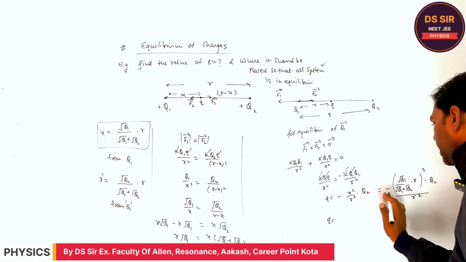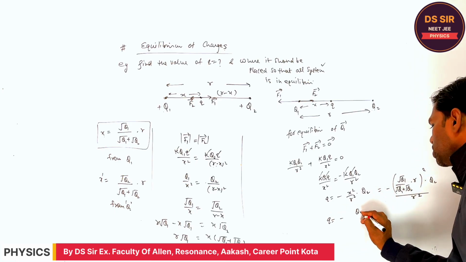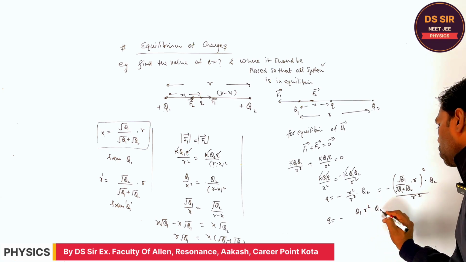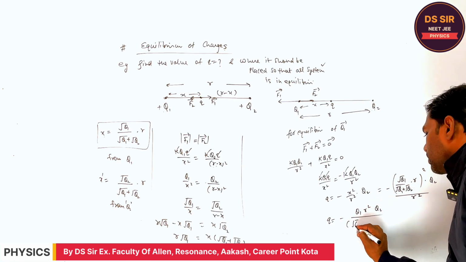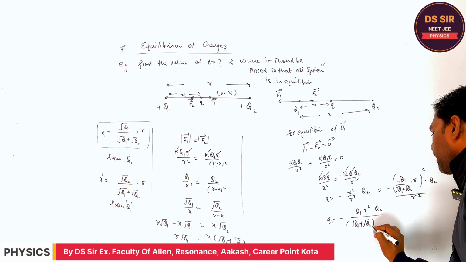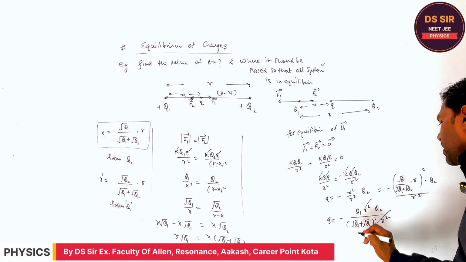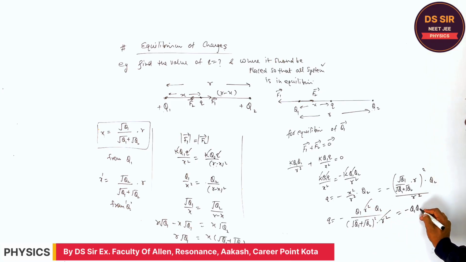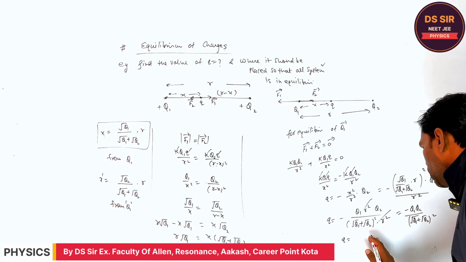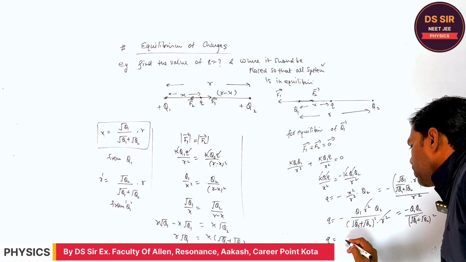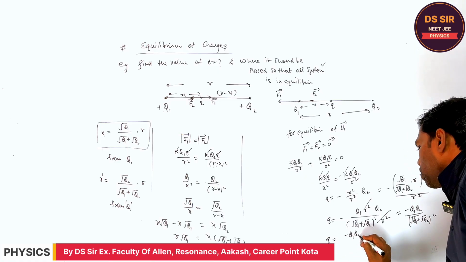So the Q you will get is minus Q1 R square Q2 upon root Q1 plus root Q2 whole square into R square. R square will cancel out. So the charge value must be minus Q1 Q2 upon root Q1 plus root Q2 whole square.